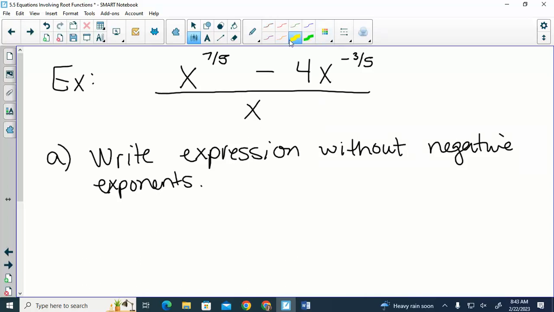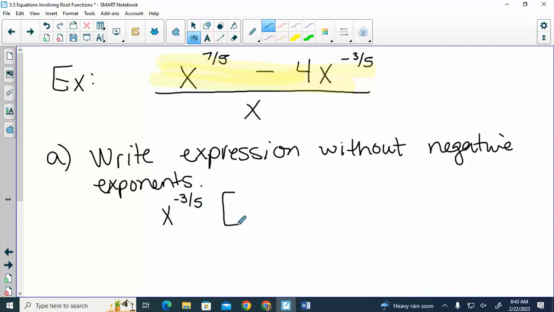There are a couple different ways of going about this, but I think the easiest would be greatest common factor. When we do the greatest common factor, we always take out the smallest exponent, right? So if you look at 7/5 and -3/5, which one is smaller? So we will factor out x to the -3/5.